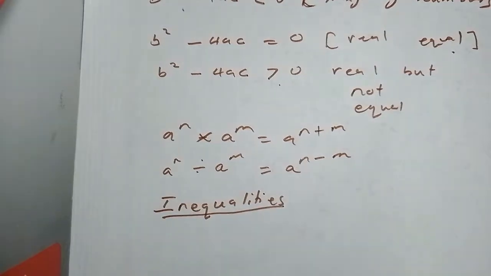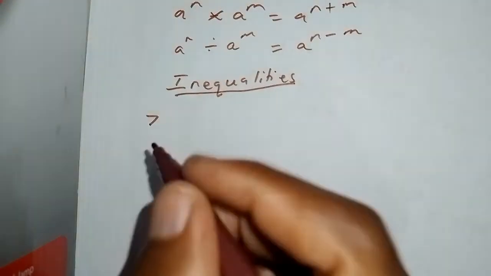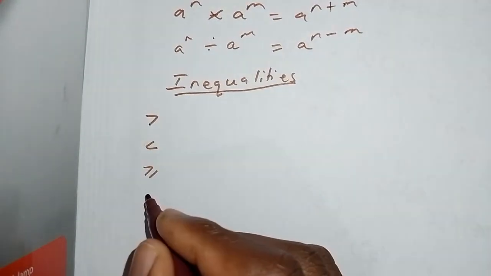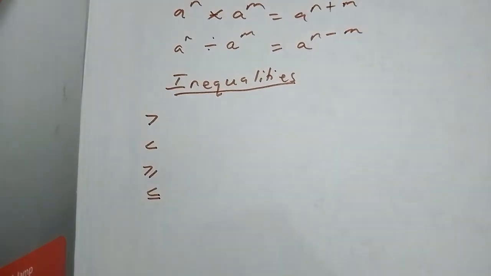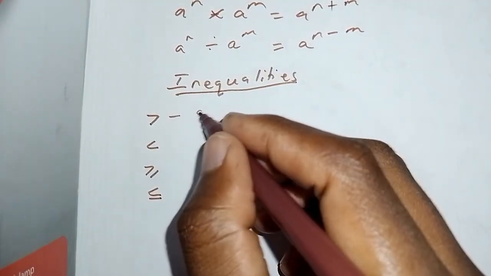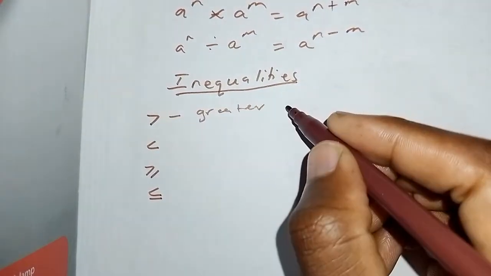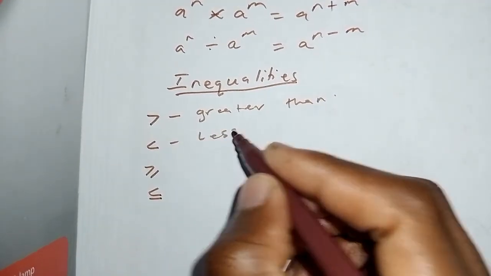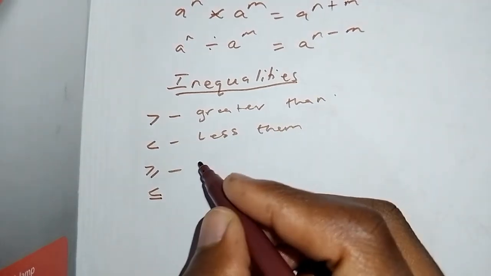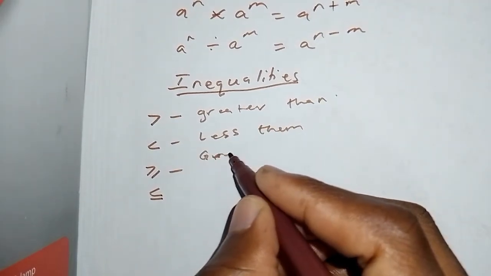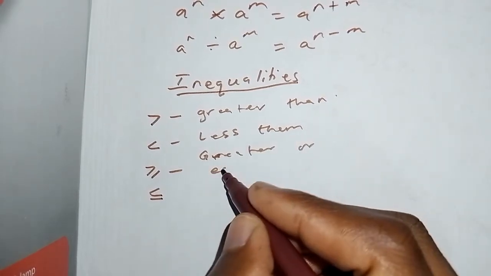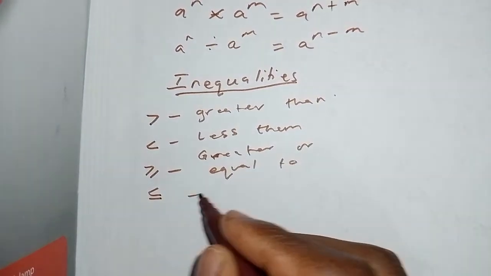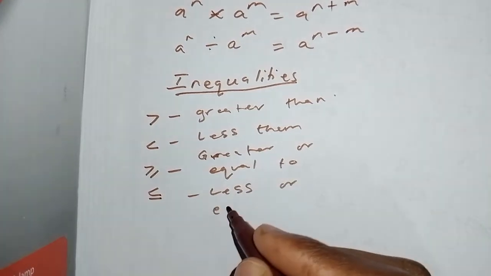We talk about this, that, and that. This is what you call greater than. This is what you call less than. This is what you call greater than or equal to. This is what you call less than or equal to.